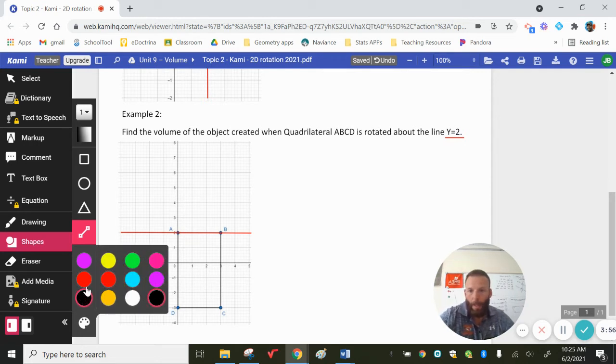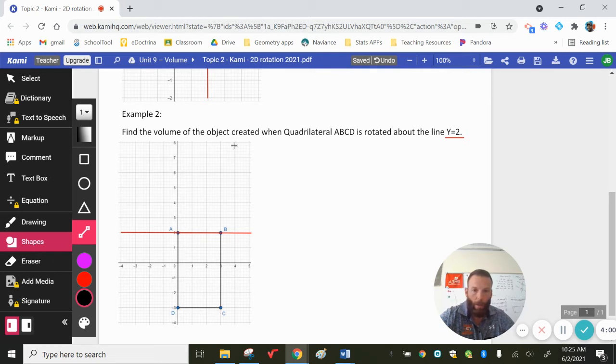What's going to happen is the point C is going to rotate around point B, and point D is going to rotate around point A. So C is going to end up being up here at 7. It's going to go from B and rotate all the way up to this point, and then the segment is going to rotate around this way, and then back down again.